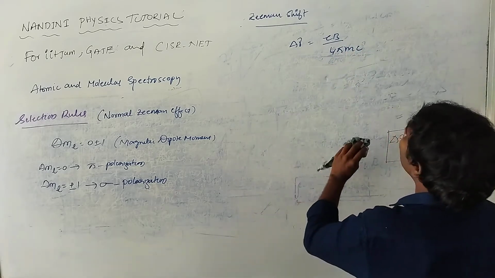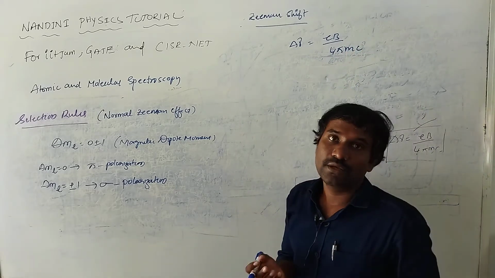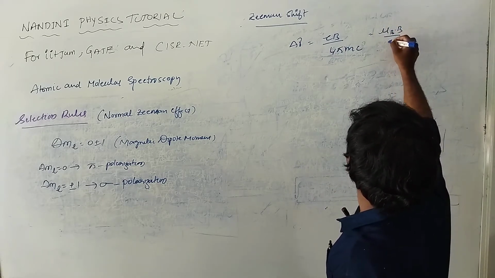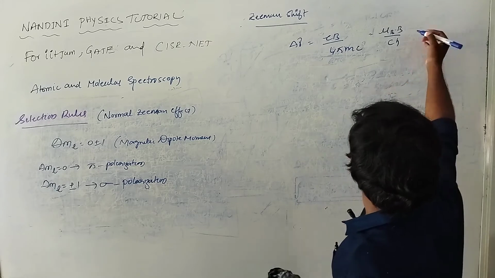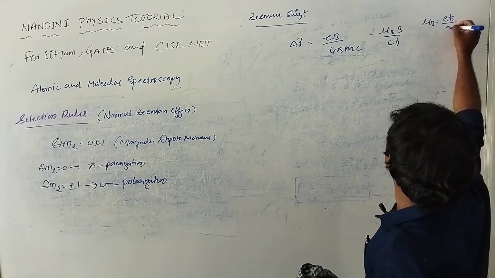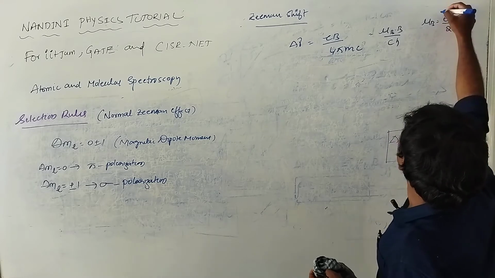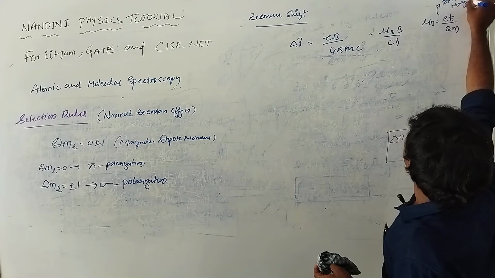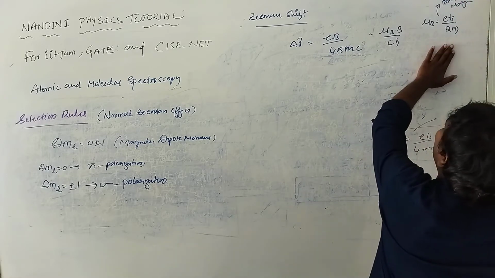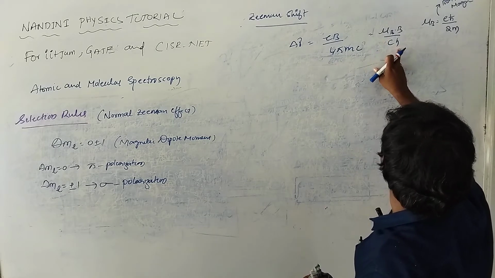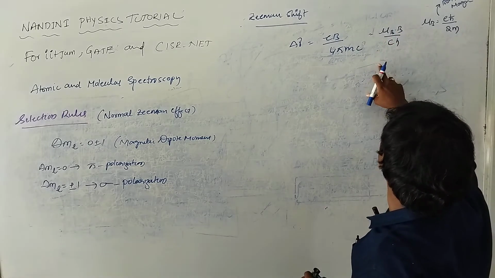How do you get this? This is nothing but mu naught B divided by ch. You write mu B equal to e h cross by 2m, which is called the Bohr magneton, where h cross is h by 4 pi.